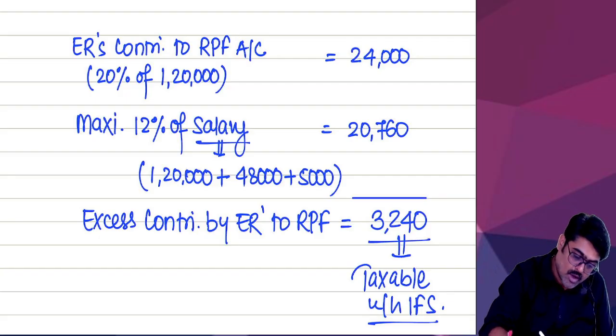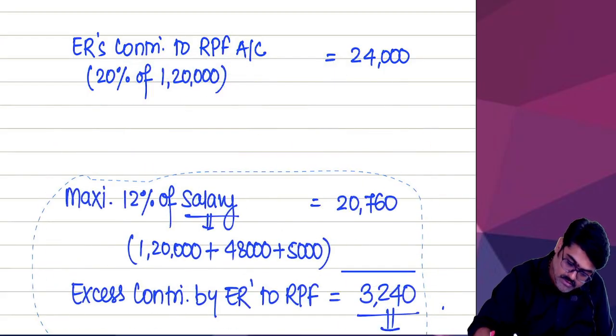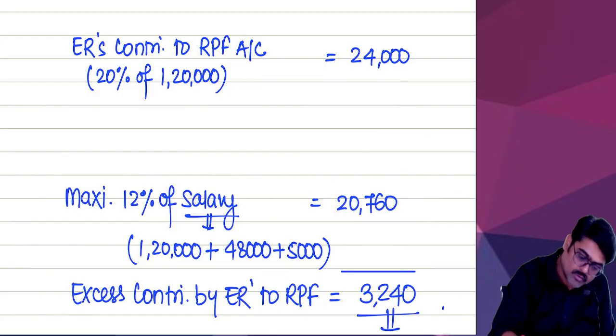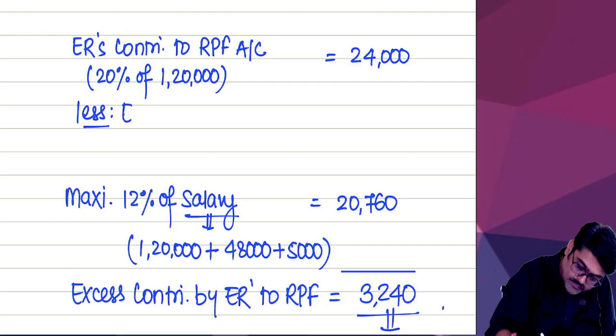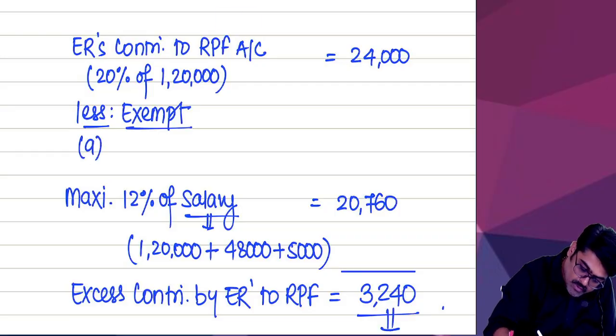See, how much is the contribution? Tell me, how much is the contribution? Out of this contribution, some contribution is exempt, no? Less: how much is exempt? Either the actual amount contributed will be exempt.